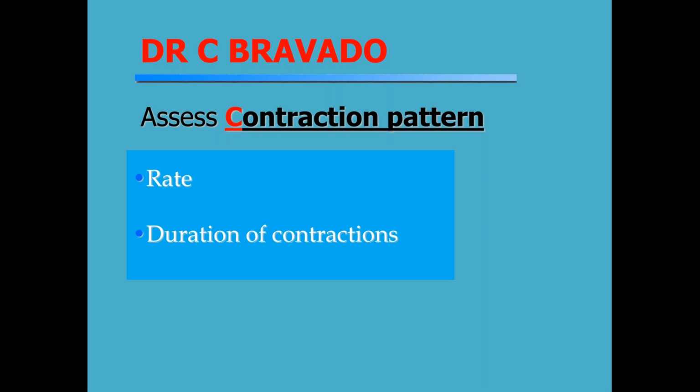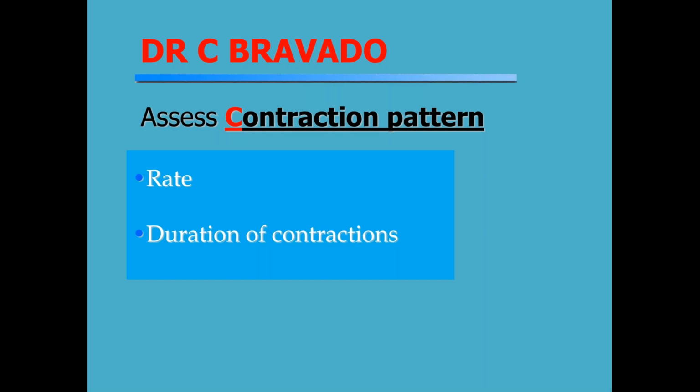After that, we should assess the contractions, the rate and the duration. First, detect whether there is tachysystole, and assess the duration to know whether there is hypertonus, to know the abnormality of the contraction.